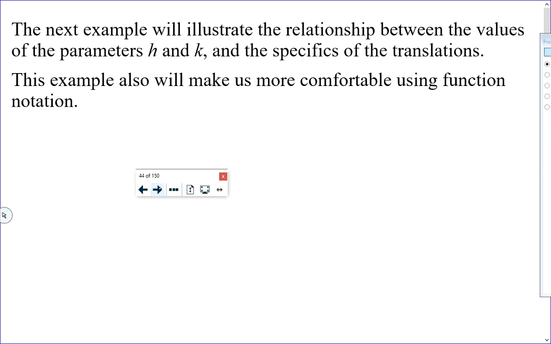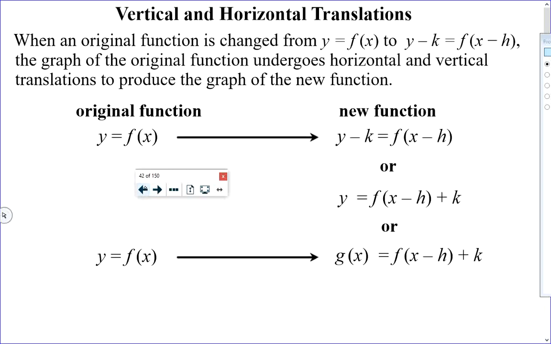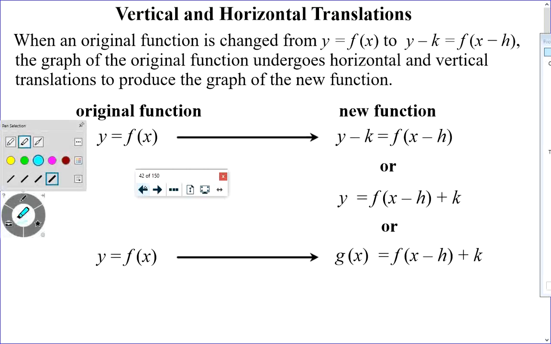So now we're going to work through an example together. And the example is going to go through a number of scenarios with different functions and different h and k's. But keep in mind, we are always comparing the original function to this. This is our template.